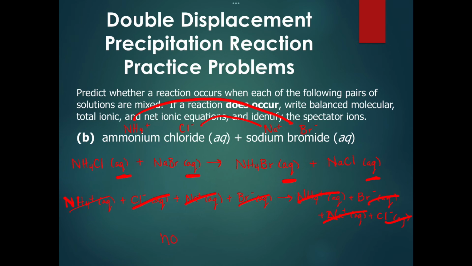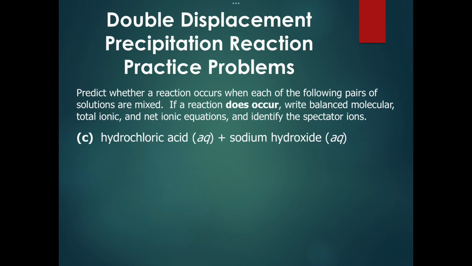This means that no reaction will occur, okay? Essentially, what this means is we mixed together aqueous solutions and the ions just all kind of floated around and looked at each other, but nothing actually reacted. So here we would say no reaction. This will happen if all of our reactants are aqueous and also all of our products are aqueous.